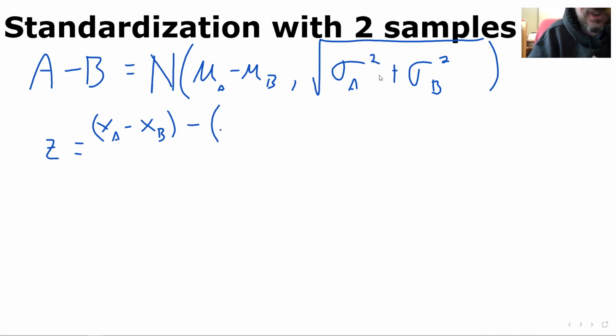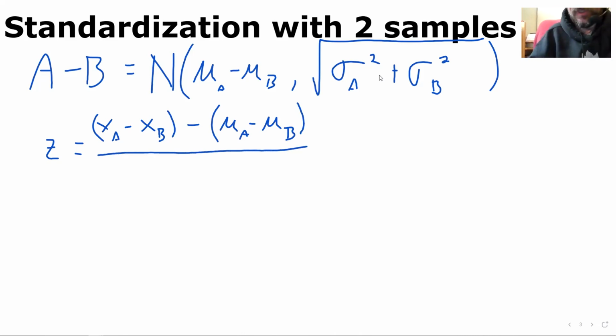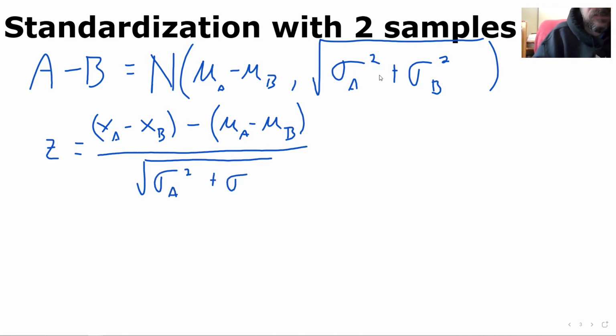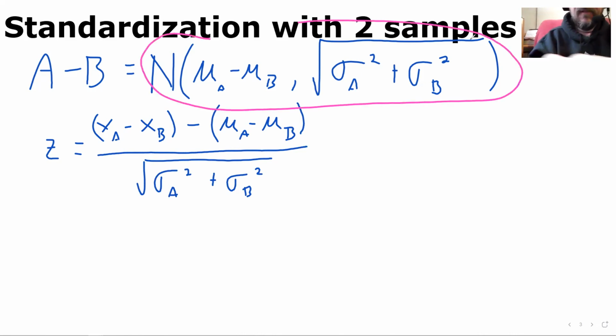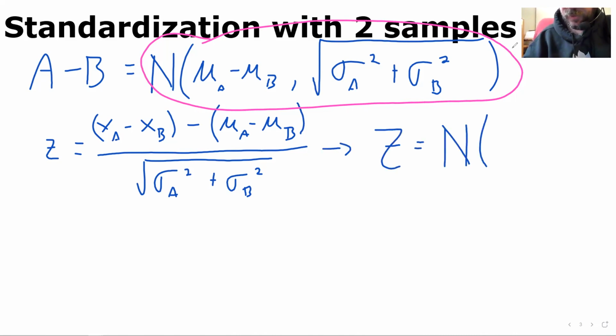Well, the mean of our distribution is mu A minus mu B, divided by the standard deviation. And so now this distribution here that I'm highlighting in pink has turned into this one.